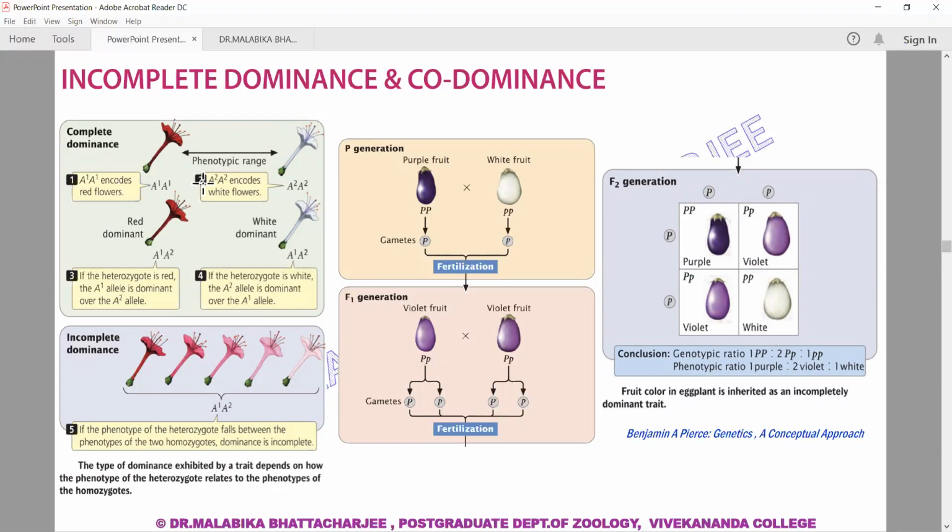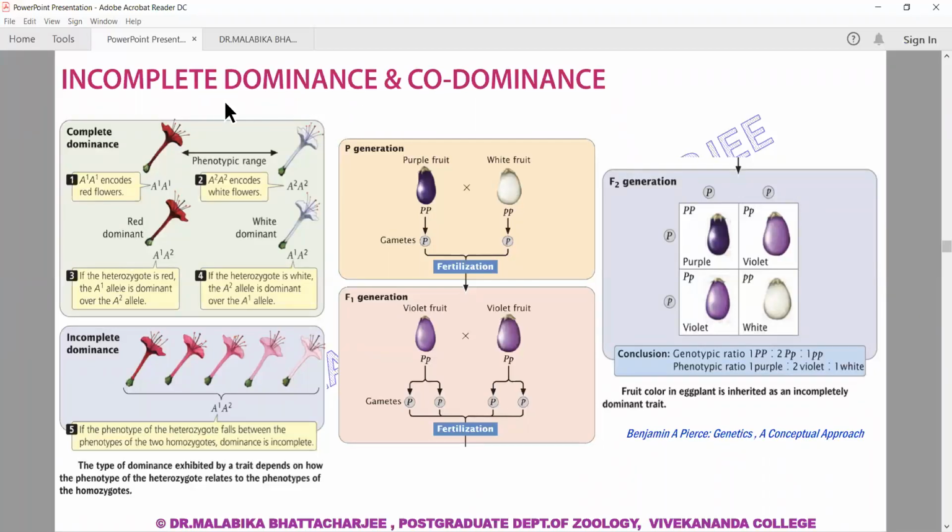Okay, pure breed, homozygous. Now when a cross between the two is made, if the F1 generation of the heterozygotes are observed as red colored, then we will presume without doubt that A1 is dominant to A2.